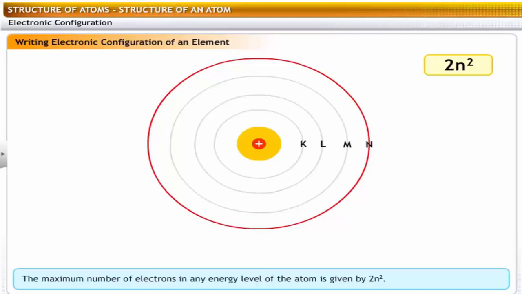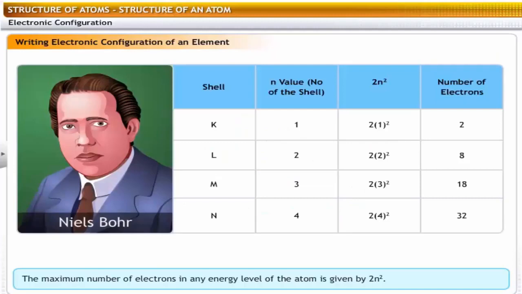For example, for the first energy level, n equals 1. According to the formula, 2 multiplied by 1 squared equals 2. So, the maximum number of electrons present in the first energy level is 2. According to Bohr's model of an atom, the first energy level K can have 2 electrons.